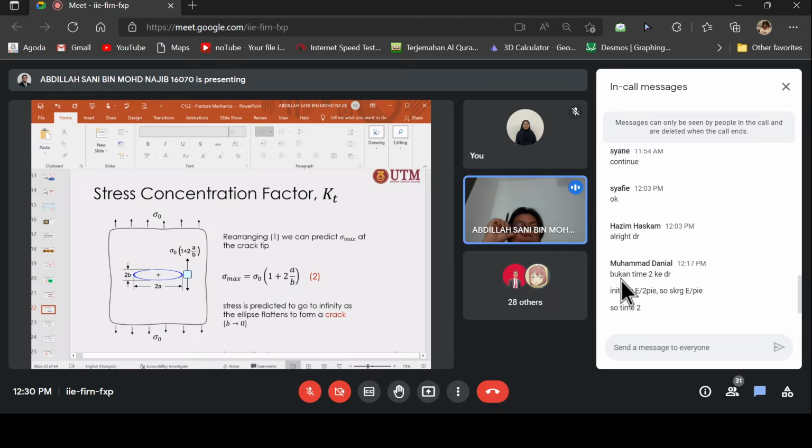So if this B gets smaller and smaller, like a crack, the stress would become infinity. If it is not approaching zero, maybe some value, you can still calculate it.